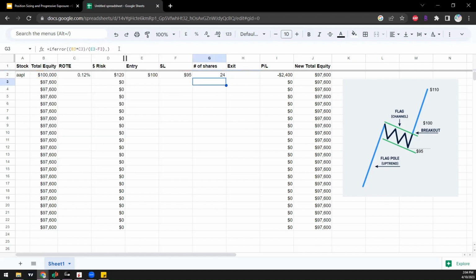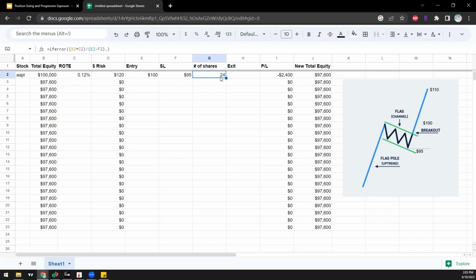And I'm going to put this formula down below the YouTube video in case anyone wants to use it. But it's just really, really simple, basic arithmetic. You're seeing the number of dollars you're risking and dividing them by the spread between the entry and the stop loss. So 120 divided by $5, which gives you 24 shares.